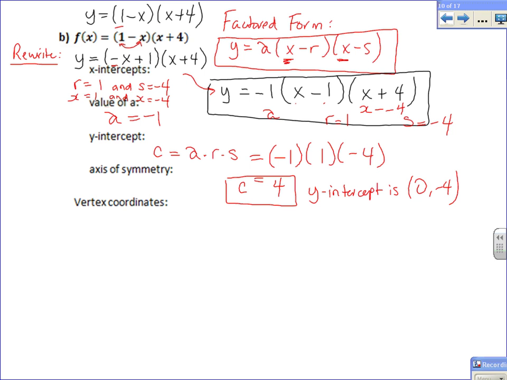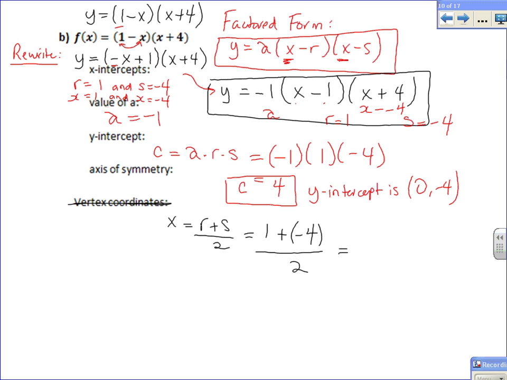The axis of symmetry has the formula x is equal to r plus s divided by 2. I know that r is equal to 1, s is equal to -4, divided by 2.